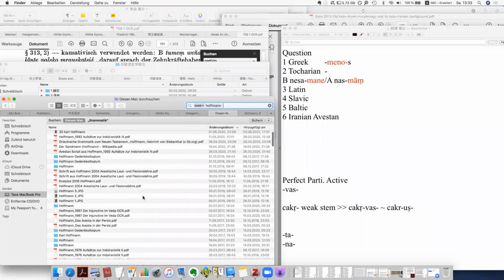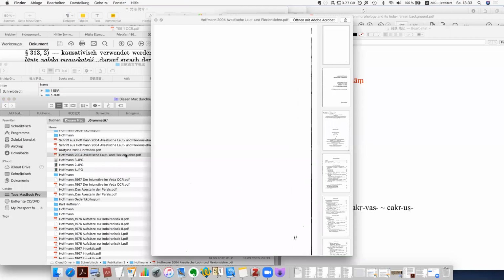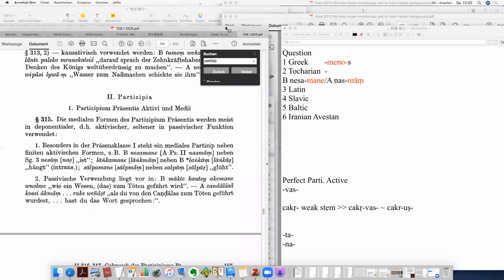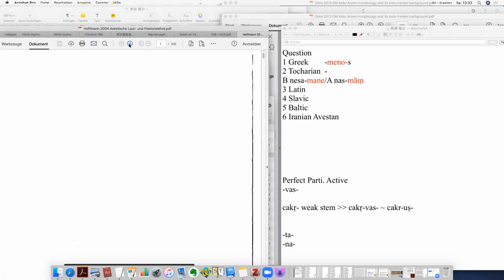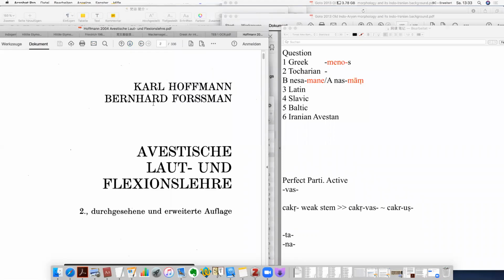I think you all know which textbook I talk about, right? This is a textbook by Karl Hoffmann and Bernhard Forssman. It's called Avestische Laut- und Flexionslehre.